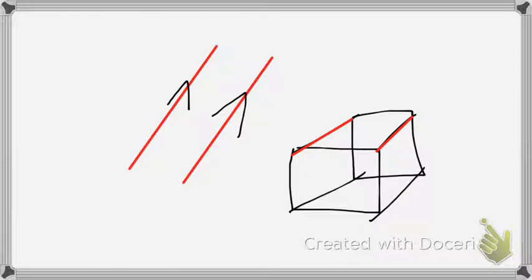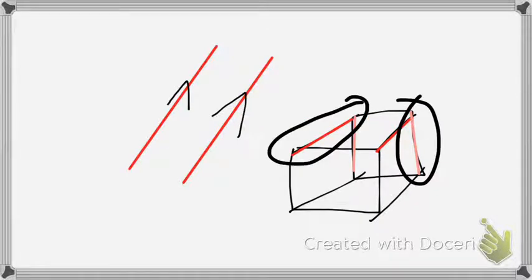They are in the same plane and they don't touch. Now, those front corners, those 2 pink lines, are also going to be parallel to each other. But notice that we have this pink line and this red line. Now, those don't touch, but the reason they don't touch is that they're not in the same plane.